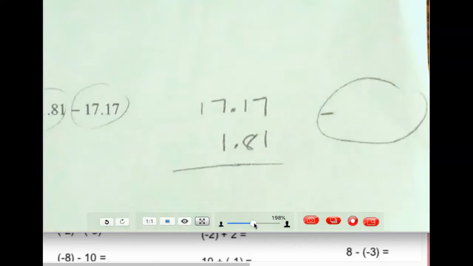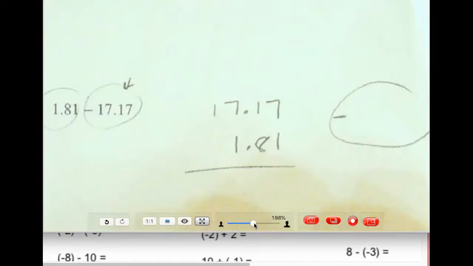And we already have kind of an idea in our mind that our answer is going to be a little more than $15, and it's going to be negative. So I've already drawn a circle over the negative answer because this has a greater absolute value. So it's going to be negative, just not as negative as $17.17.